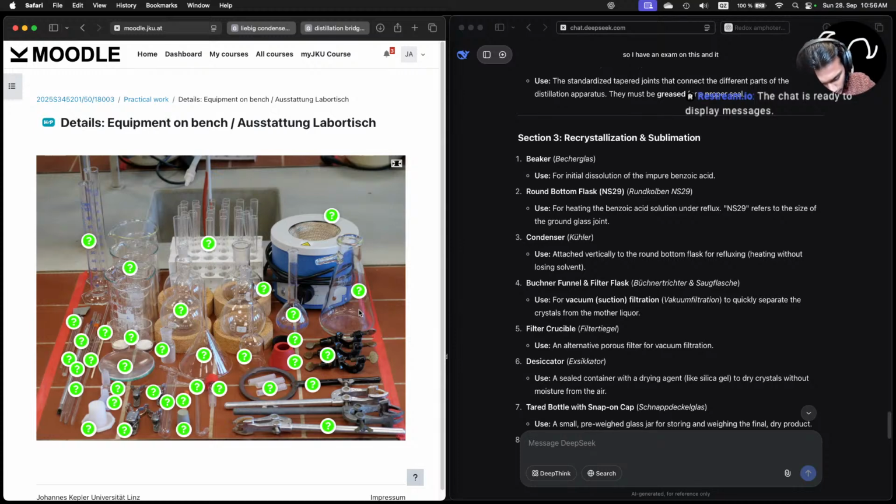Glassware involved. So now it's glassware, right?